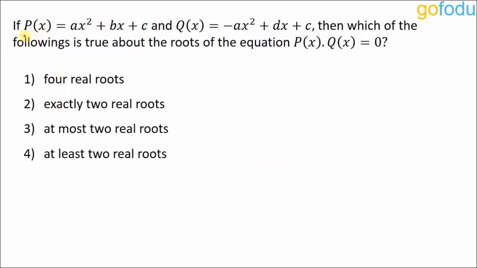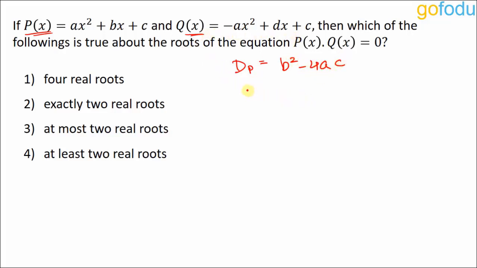Alright, so we have two functions, p of x and q of x, and then we have an equation, p of x into q of x is equal to 0. If we calculate discriminant for this first function, if we consider this as a quadratic equation, the discriminant d of p will be equal to b square minus 4ac, right?